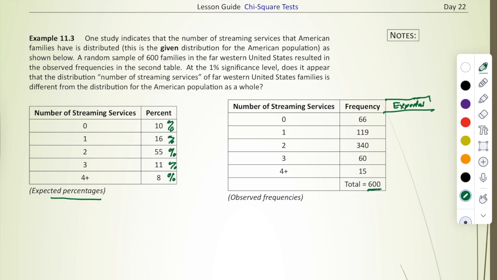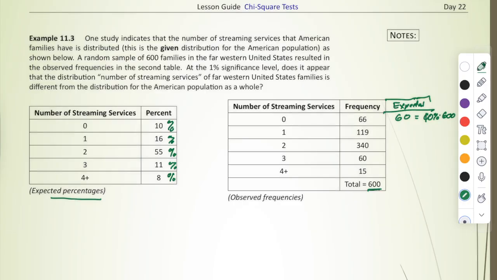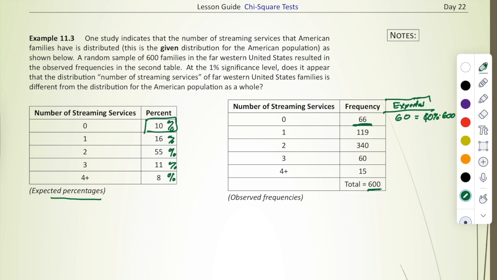Well, this one here, the 0, would be 60, right? That's 10% of 600. See how that would be the expected frequency. This is not a relative frequency, this is a raw frequency. That would be the expected raw frequency if indeed 10% of the 600 had no streaming services.